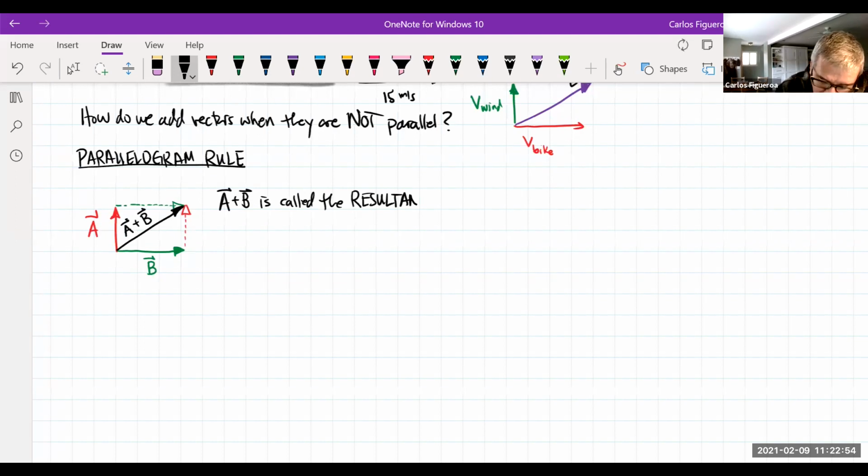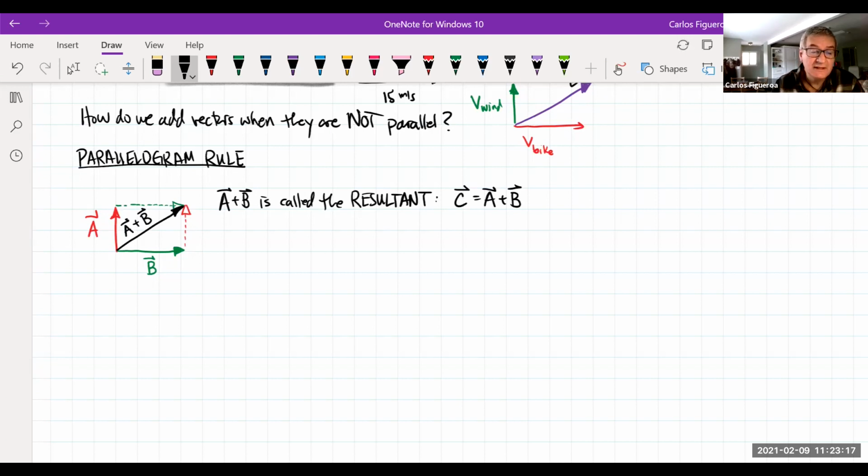The resultant of adding A plus B. And typically I call this a new vector. You could say the resultant is C, and it's a combination of A plus B. That's the parallelogram rule right there.